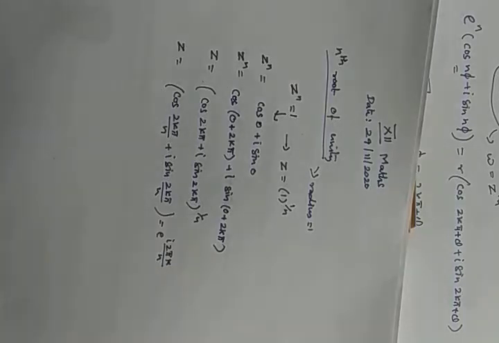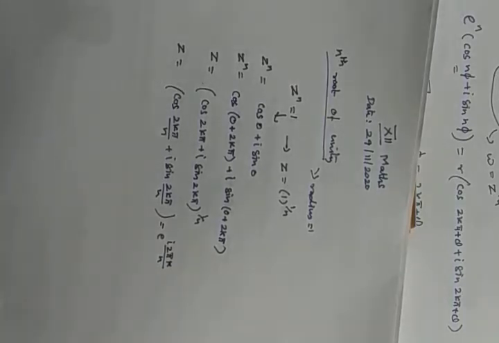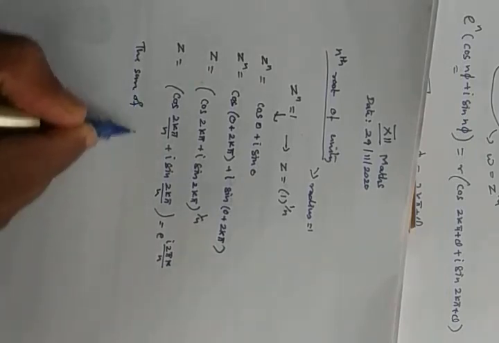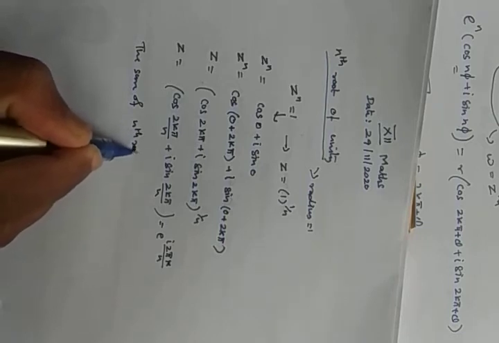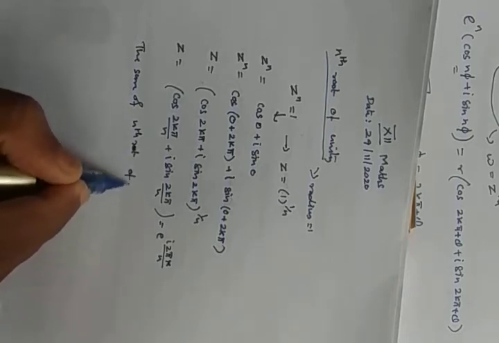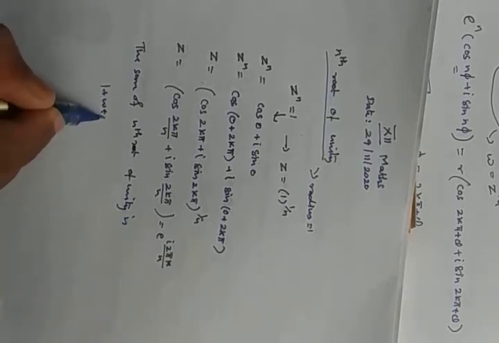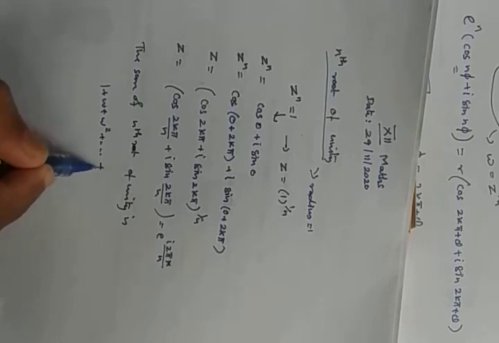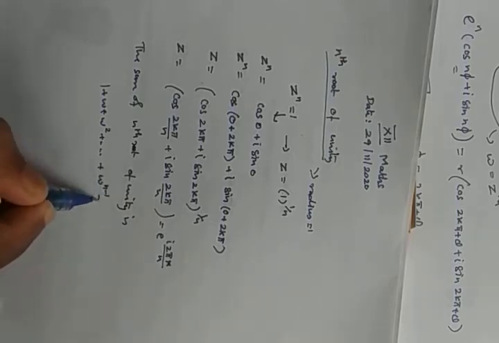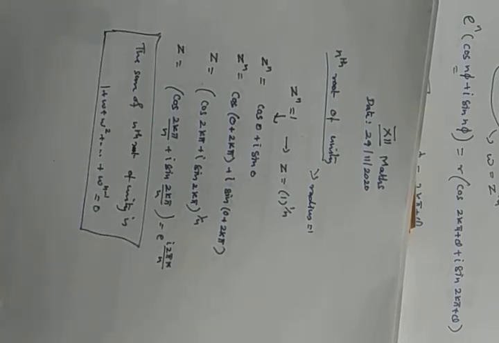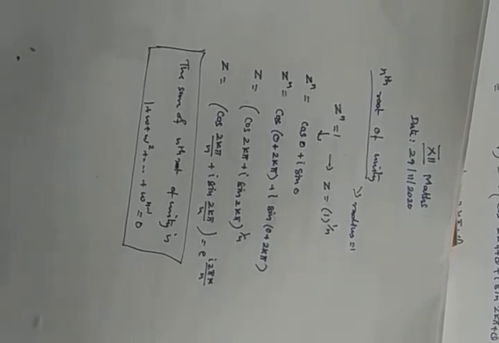There is a result that the sum of the nth roots of unity is 0: 1 plus omega plus omega square and so on up to omega power n minus 1 equals 0. I need not go into the proof of this result. Just keep it in mind, as we have to use it to solve problems. Now let me see an example sum, and we will discuss that one.